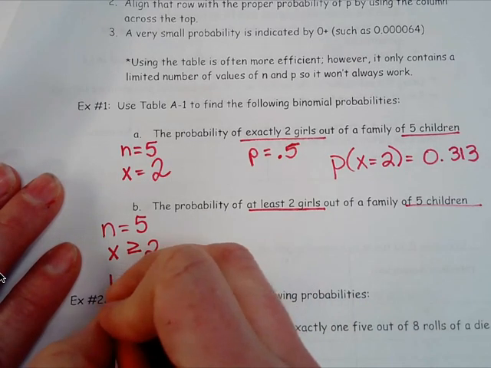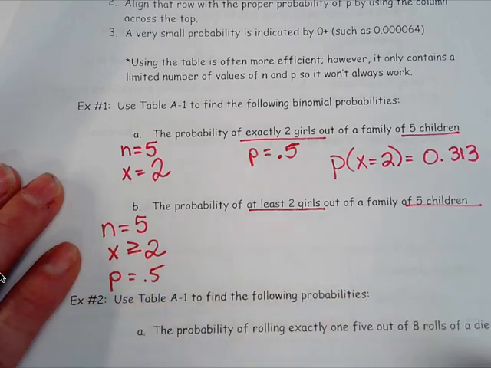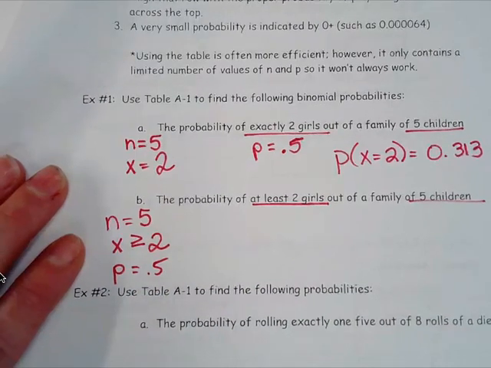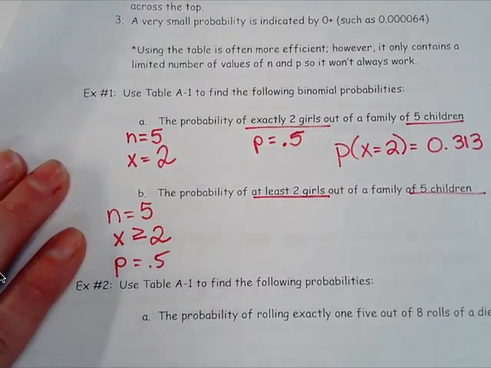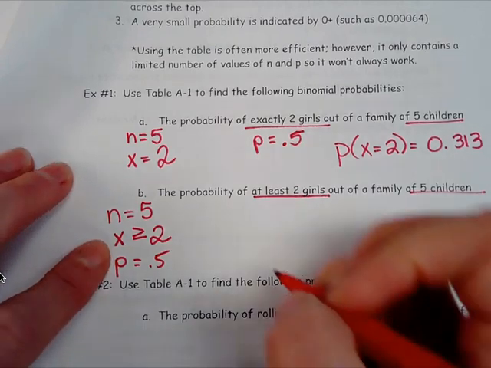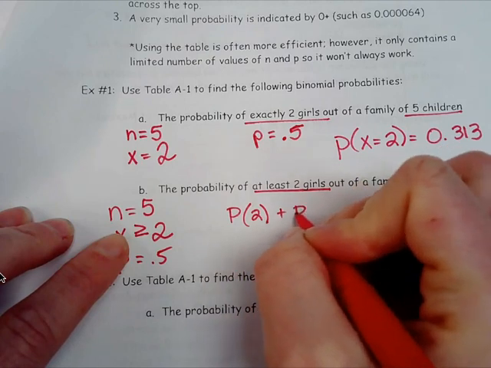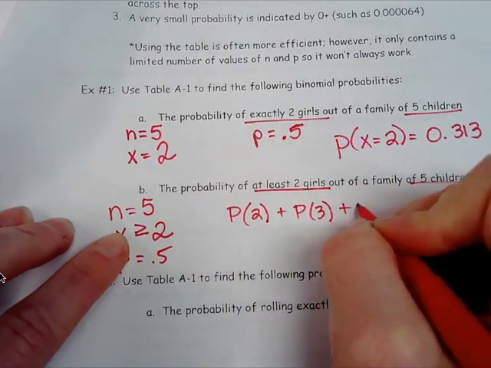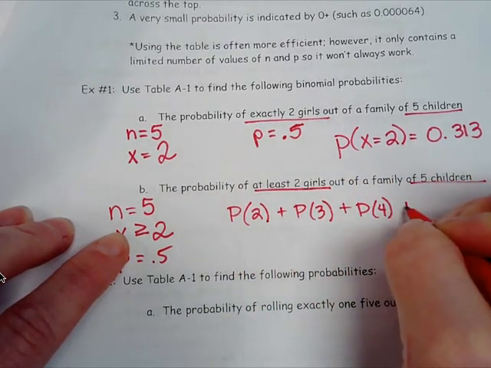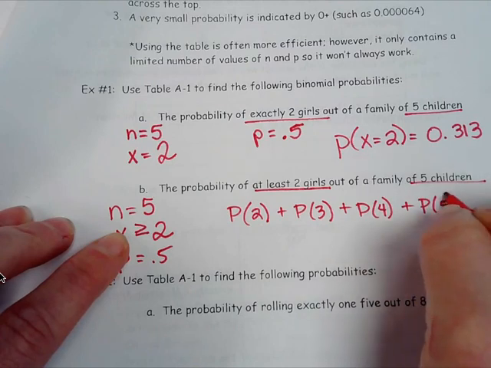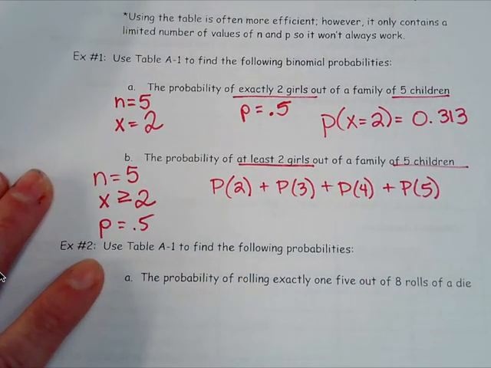And our p is still the same, 0.5. But you're going to have to find the sum of all of the options. So the options would be probability that it's 2, probability that it's 3, probability that it's 4, and probability that it's all 5. And you would add them all up.